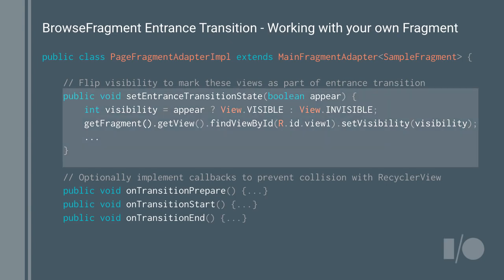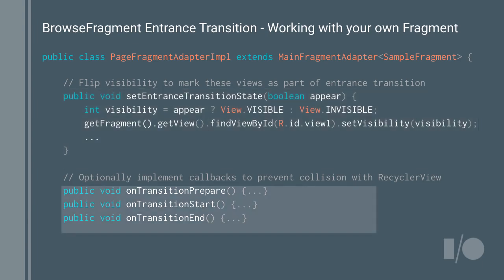When browse fragment prepares entrance transition, it calls into this method, telling you to hide all the individual views inside your custom fragment. When browse fragment starts the animation, it will tell you to show all your individual views through the same method with a different parameter value.